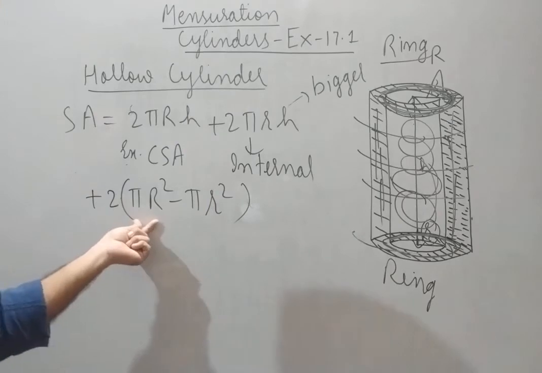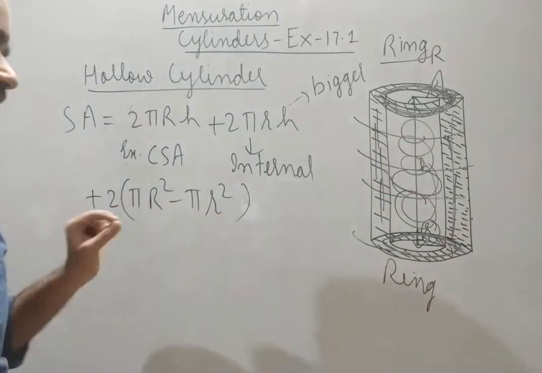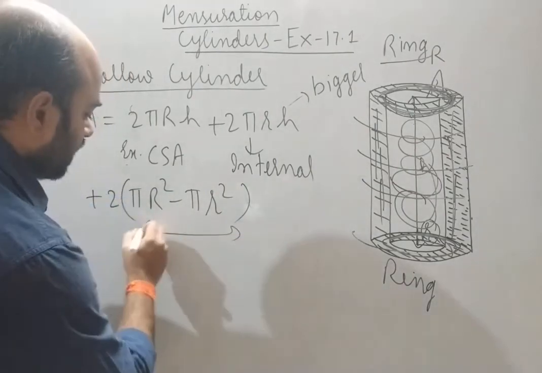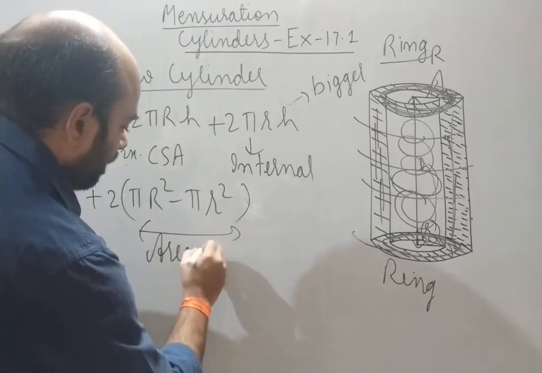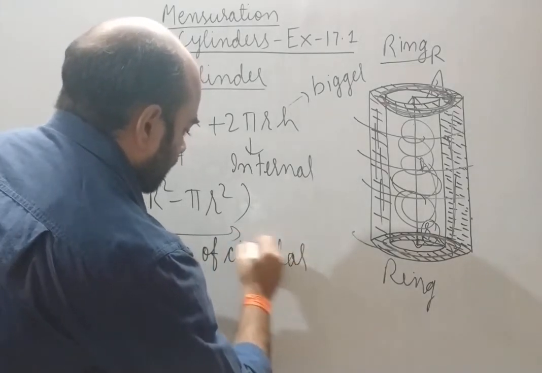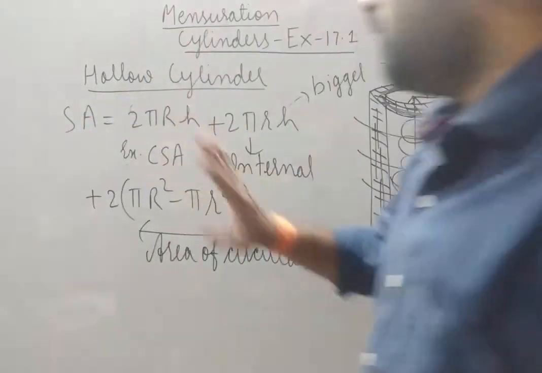Why? Area of circular ring at top, area of circular ring at bottom. Circular ring means area of bigger circle minus area of smaller circle. That is the area of circular rings. Correct? So this is the surface area.